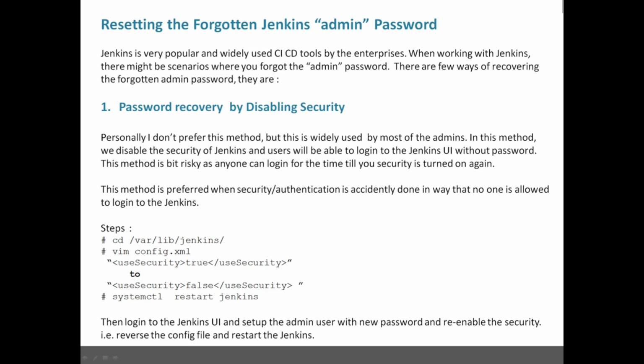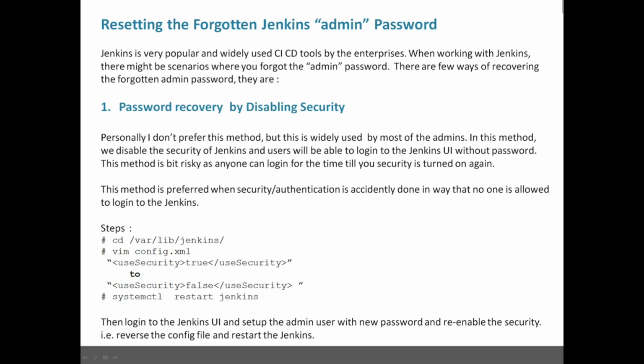The first way is password recovery by disabling security. Personally, I don't prefer this method, but this is widely used method by the admin, so I thought to discuss this method too. In this method, we disable the security of Jenkins and users will be able to log into the Jenkins UI without the password.